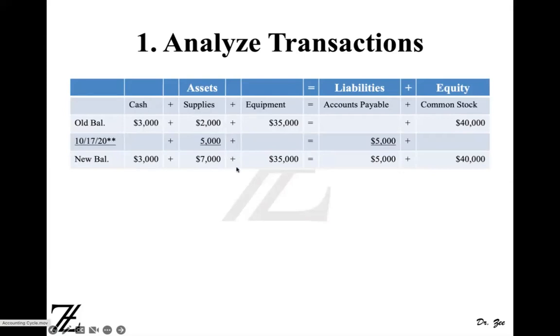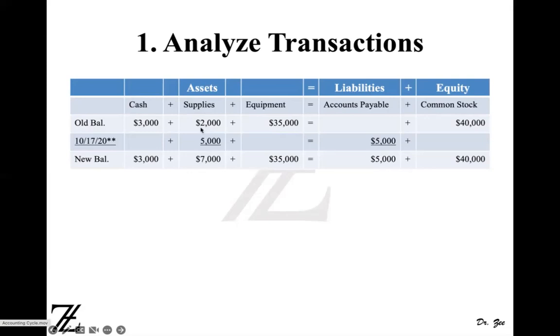You add them together and you have 35,000, 7,000, and 3,000, so 45,000 of assets. Then you have liabilities. Your accounts payable increased in this month by 5,000. And then you have common stock, 40,000. That was the balance. So you have 45,000 of equity and liabilities, and you have 45,000 of assets.